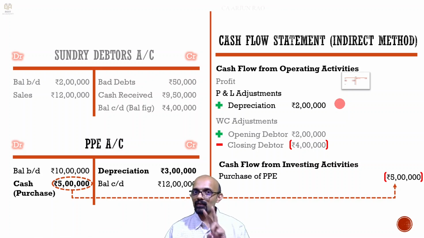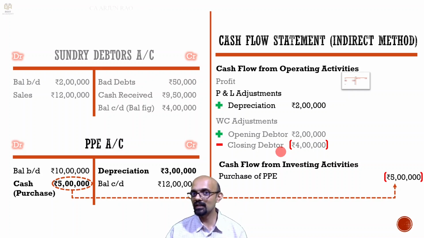So we have discussed 3 logical points. Why we don't adjust some non-cash expenses, why we show increase in debtors and other current assets as negative value, and the same is true for the other categories, decrease in debtors, increase in creditors, decrease in creditors.